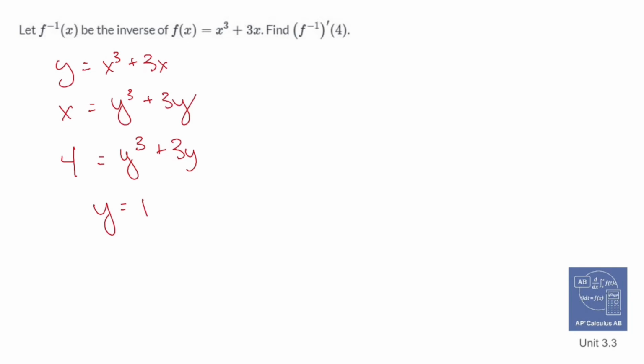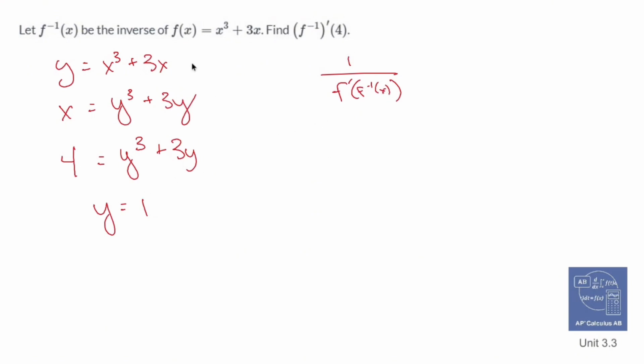If you forget it, it's basically 1 over f prime of f inverse of x. So I need to take the derivative of f and then use f inverse of 4, which I already found is 1.